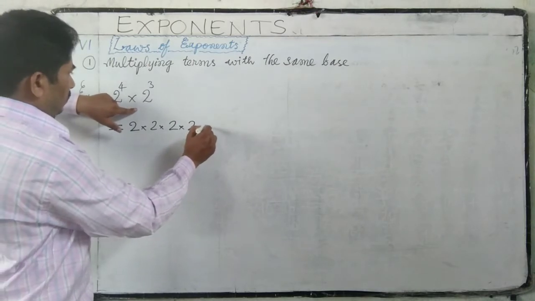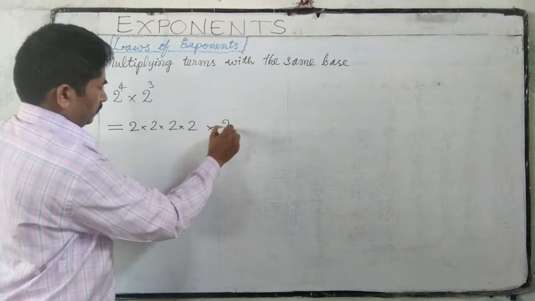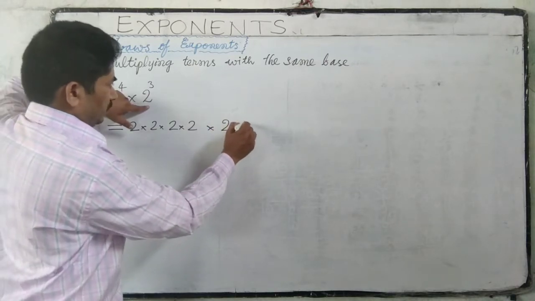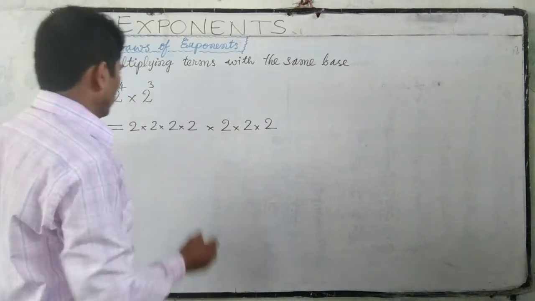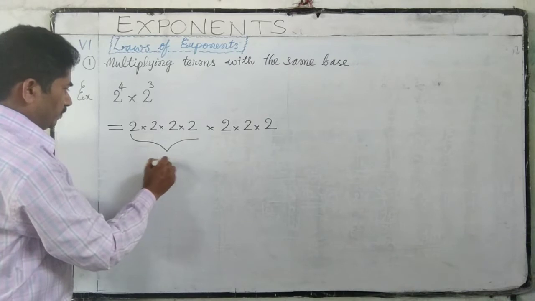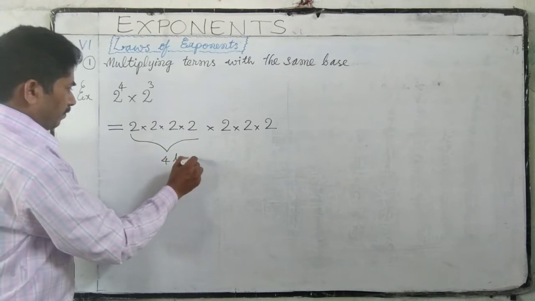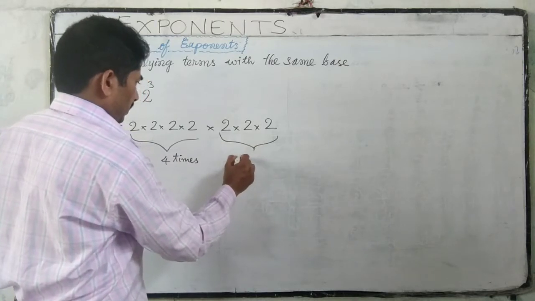and 2 to the power of 3, 2 three times. Here we have written 4 times, here we have written 3 times.